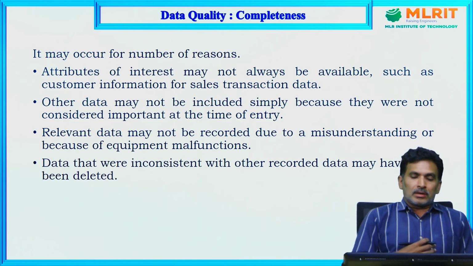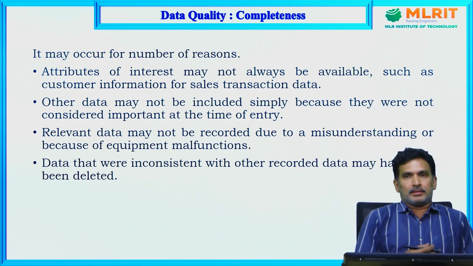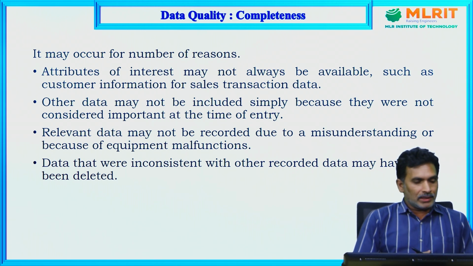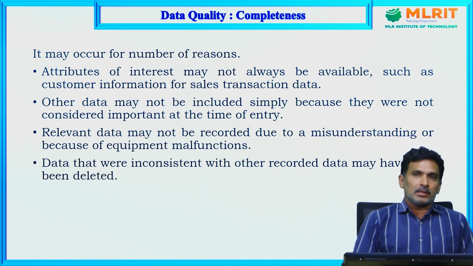Incomplete data may occur for a number of reasons. Attributes of interest may not always be available, such as customer information for sales transaction data. Sometimes data may not be included simply because it was not considered important at the time of entry. Relevant data may not be recorded due to misunderstanding or equipment malfunctions.